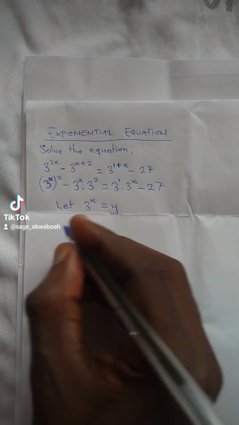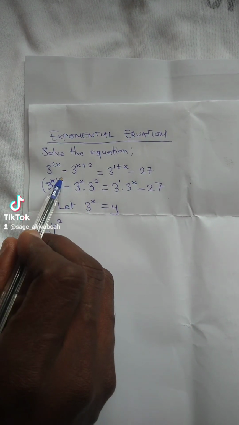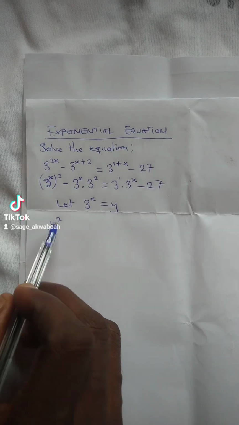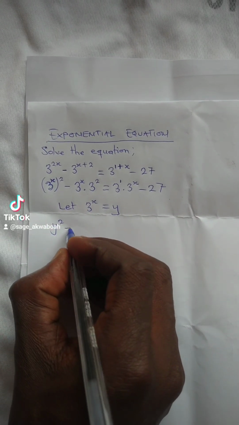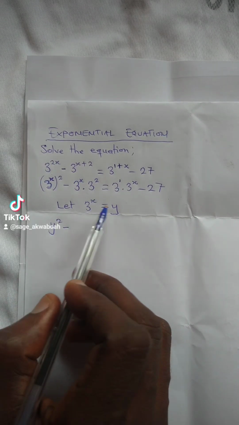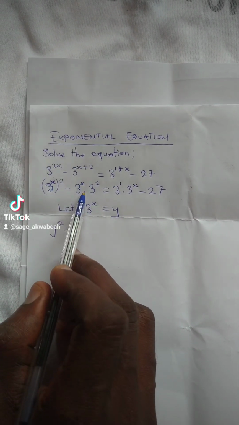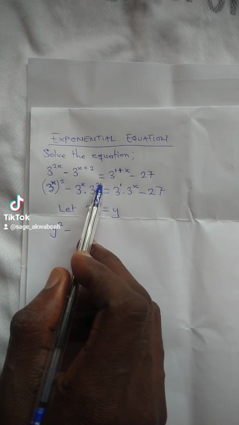Okay, so that becomes y squared. We put y here, and then we bring the squared. So we have y squared minus, we put that here. That is 3^x, so we put y here. And you can see that this 3 exponent x is multiplying 3 squared. 3 squared is 9.